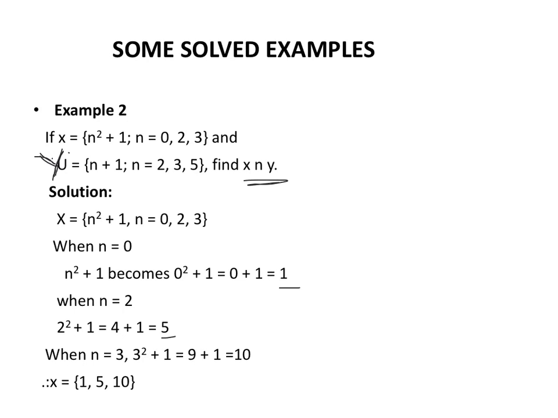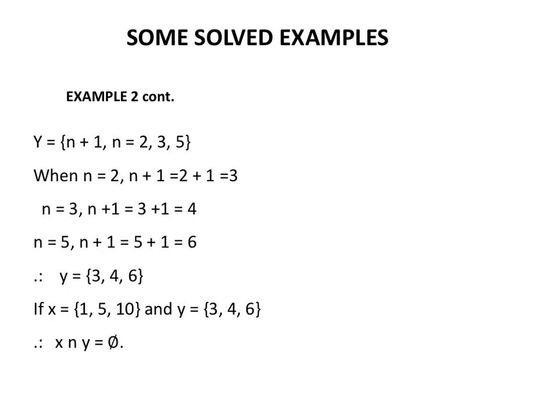And when n is equal to 3, you have 3 squared plus 1, which is equal to 9 plus 1, we have 10. So the elements in set X are 1, 5, 10.